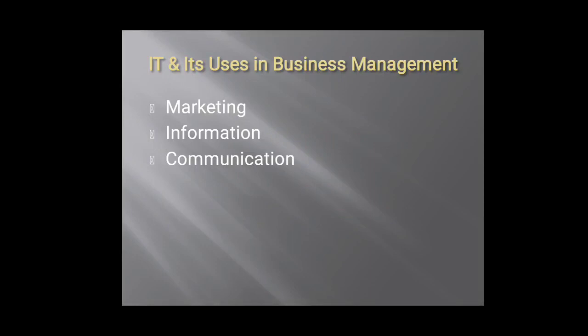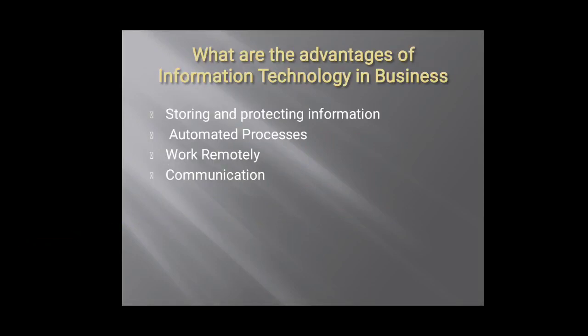Then the next is, what are the advantages of information technology in business? When we talk about advantages, there are four major advantages of information technology. The first one is storing and protecting information. Information technology creates an electronic storage system to protect your company's valuable records.